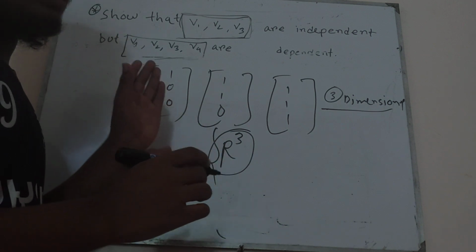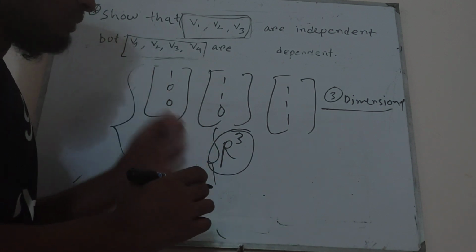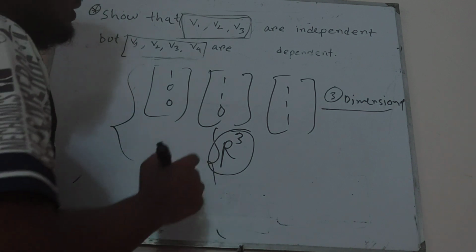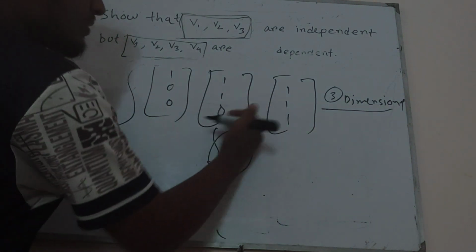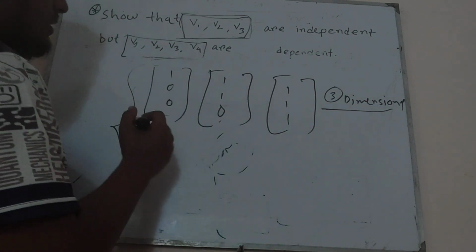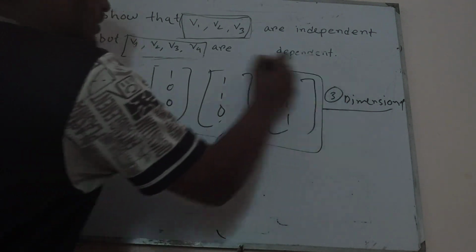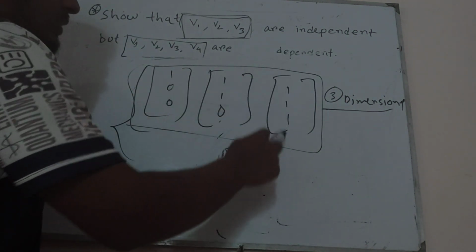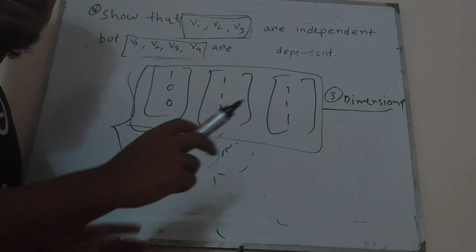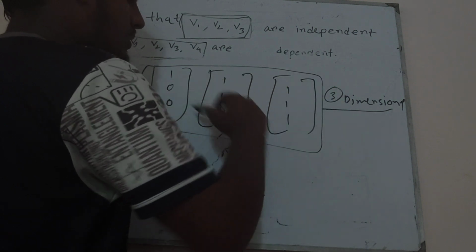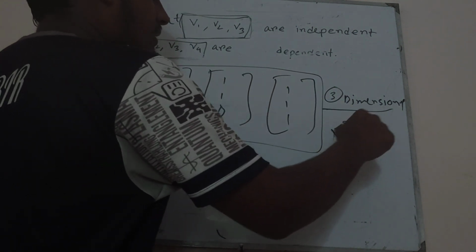They will be absolutely linearly dependent. See that these 3 vectors are linearly independent and they span R3.